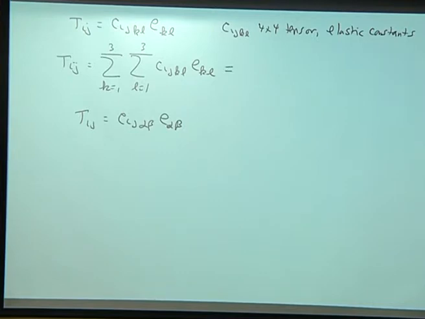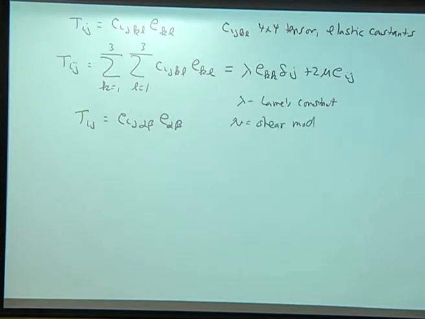We're going to be dealing with an isotropic material. And so if you write that equation out for an isotropic material, it looks like this. So lambda is Lamé's constant, and mu is the shear modulus.